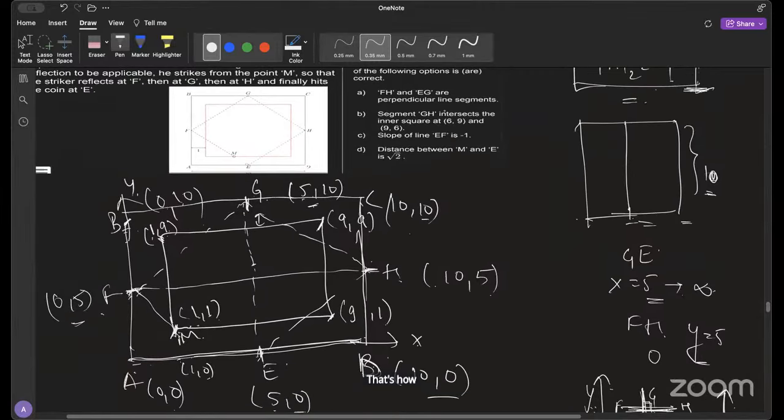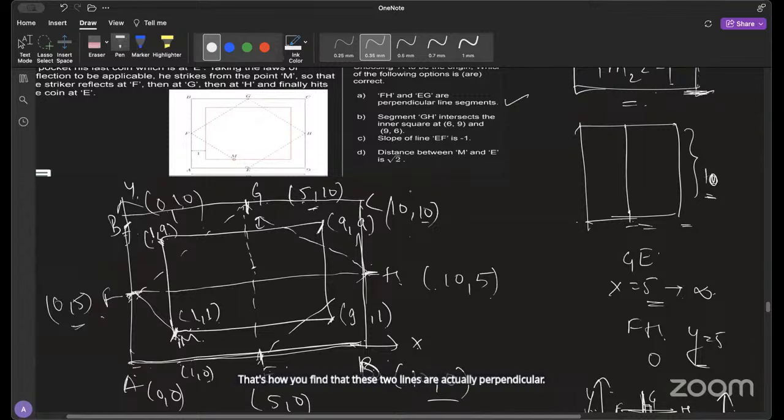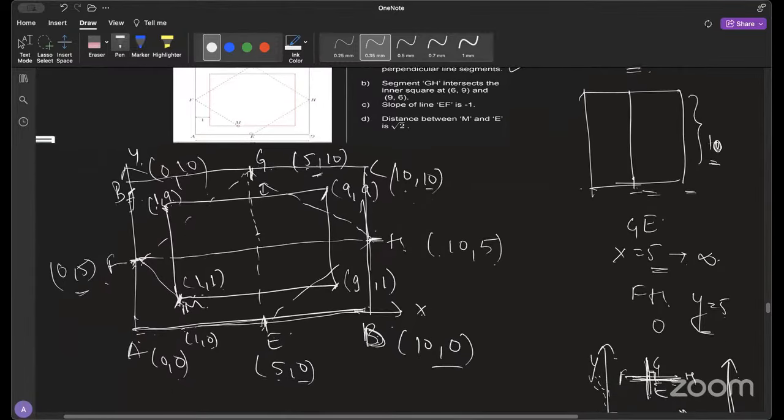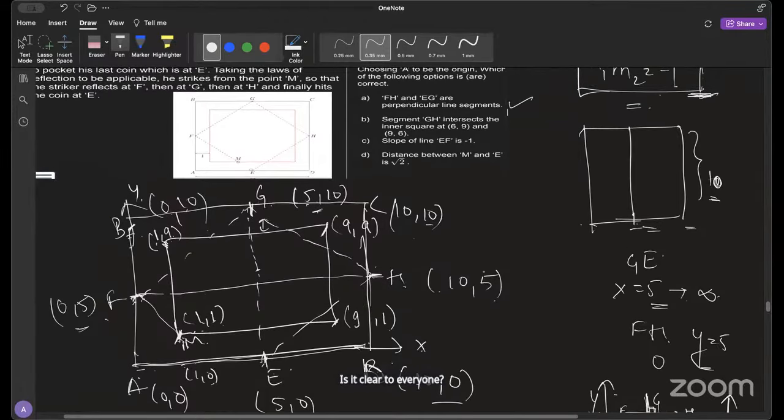That's how you find that these two lines are actually perpendicular. Is it clear to everyone?